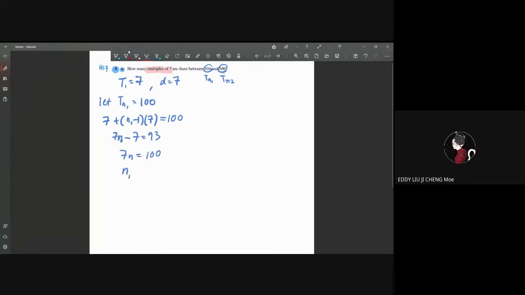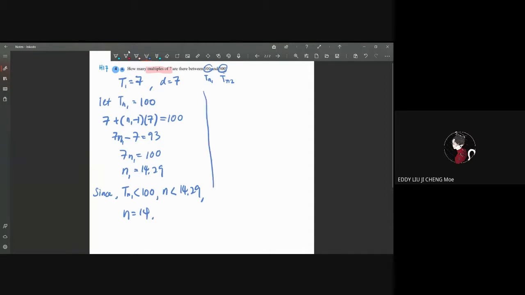So n1 equals 15, and since Tn1 is less than 100, we know that n is lower than 15. So n equals 14.